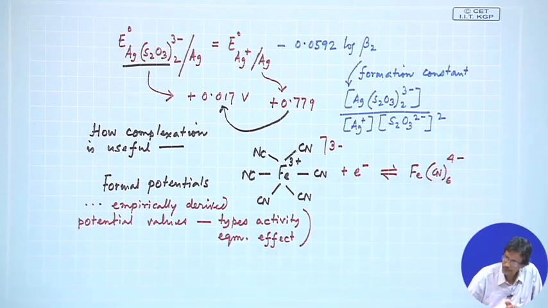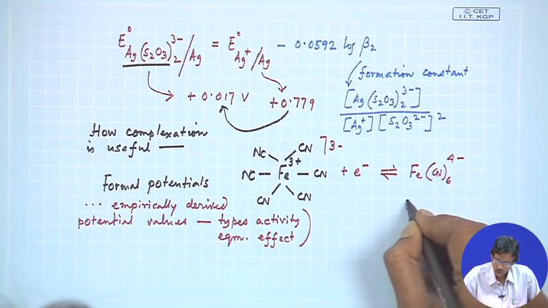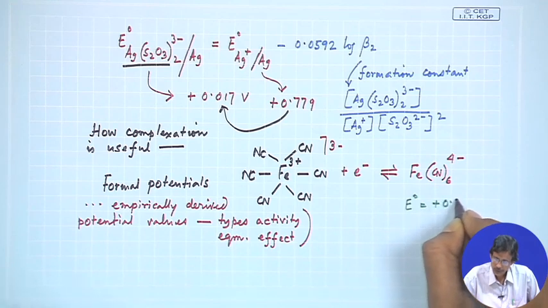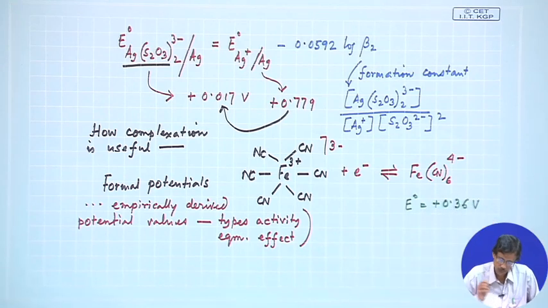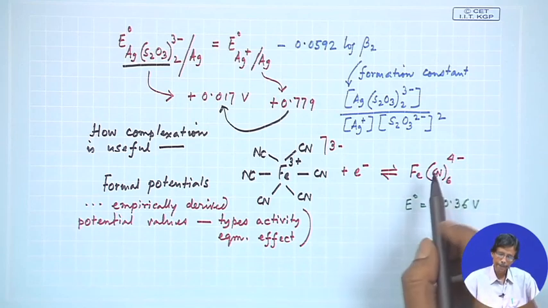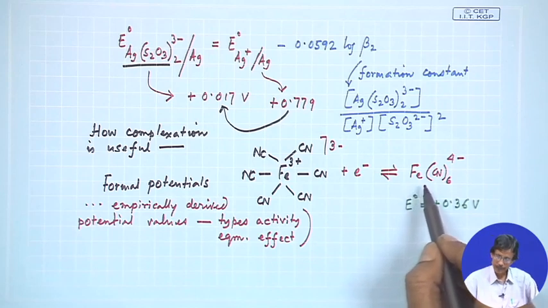Interestingly, for this case, we find the corresponding value of E0 is 0.36 volt. So, it is very interesting to understand, because it is not as high as that of your ferric ferrous system.